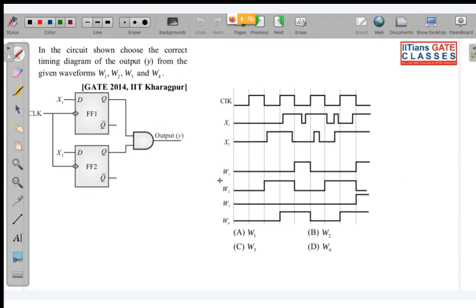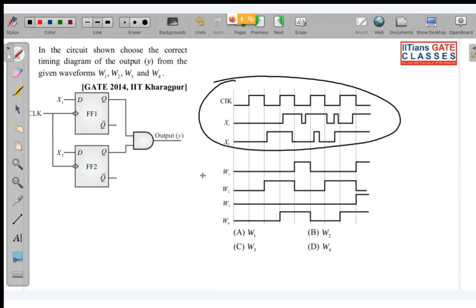So these are the negative edge triggered flip flops. Whenever you get such a question in the exam, you need to very quickly redraw this much part. These are the answers: W1, WT, W2, W3, W4. But you need to very quickly draw this part.